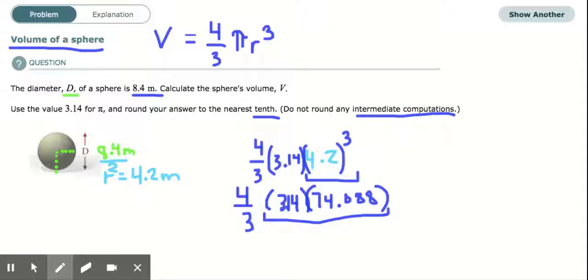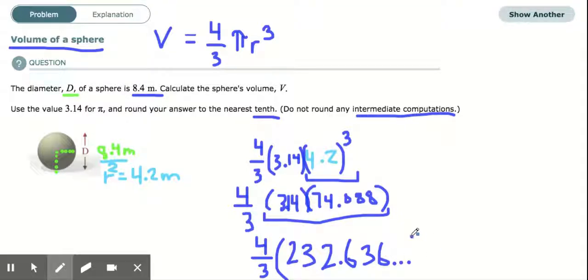I would multiply it times 3.14, and that gives 232.636... I would just keep that in my calculator and multiply that times 4 and then divide by 3, because that's the same as multiplying by 4/3. And that way I'm not estimating 4/3, I'm keeping everything as exact as possible. So times 4 divided by 3. I should get something a little bigger than 232.